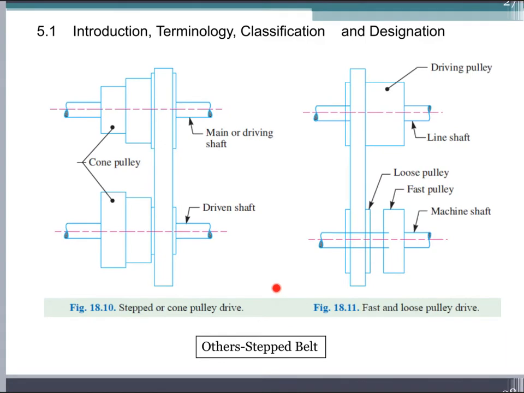And then we have the step belt, where the pulleys are stacked with increasing or decreasing diameters. Here you can see the pulley increases in diameter, and here the pulley decreases in diameter.